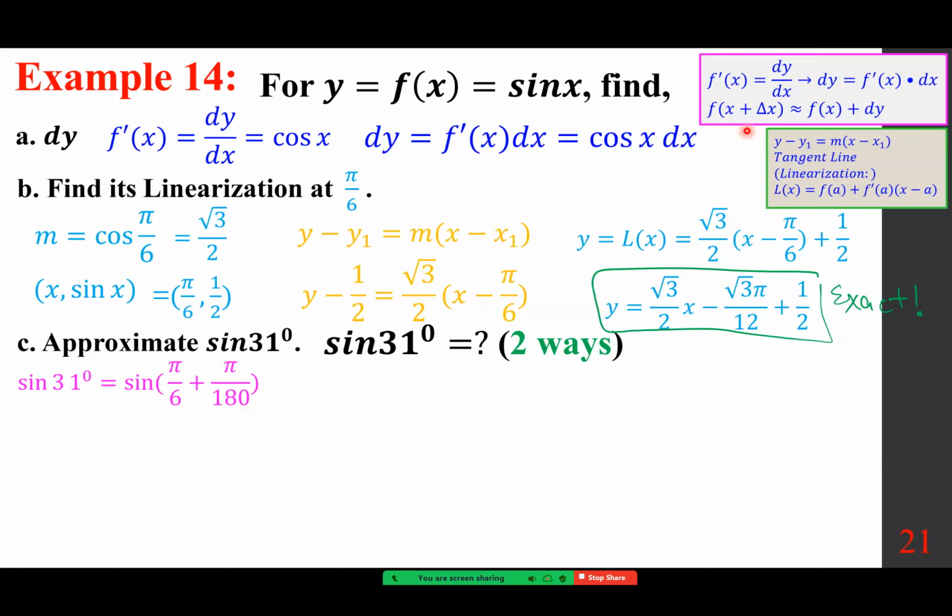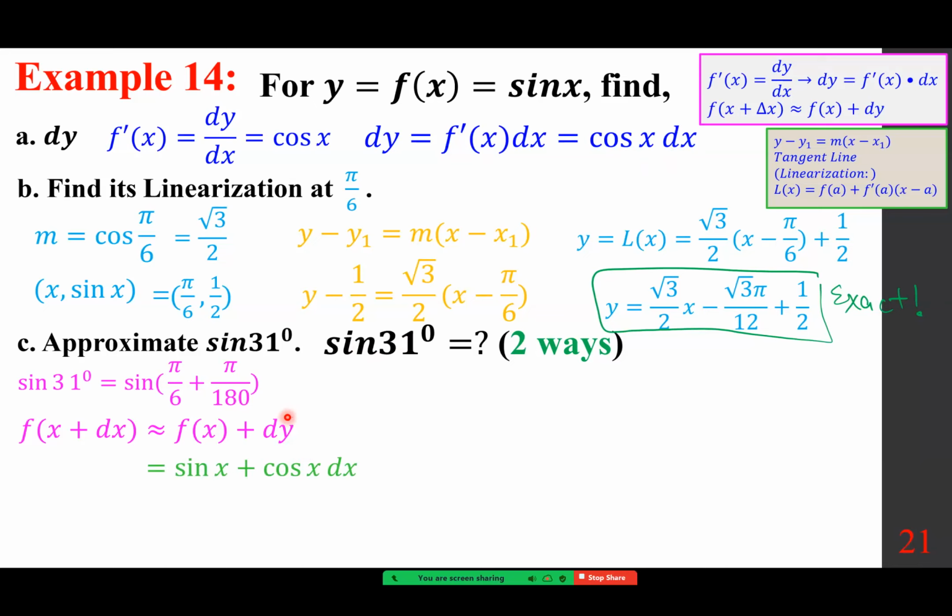And we know f of x plus delta x is f of x plus dy. So what is f of x? Sine x. What is dy? Cosine x dx.